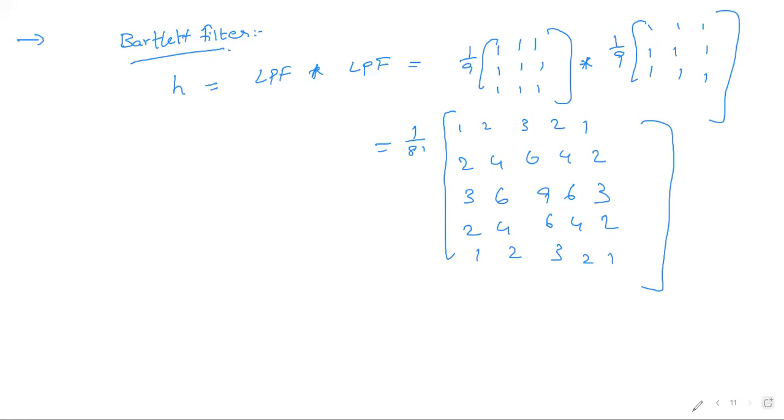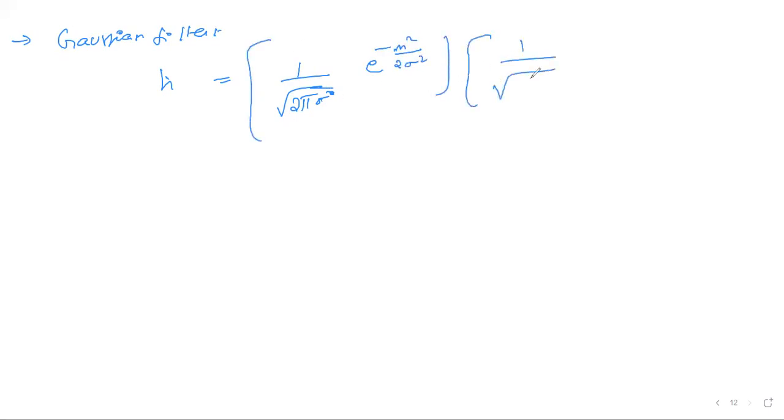And next, Gaussian filter. The Gaussian filter h is given as 1 by root of 2 pi sigma into e power minus m square by 2 sigma square, into 1 by root of 2 pi sigma into e power minus n square by 2 sigma square.